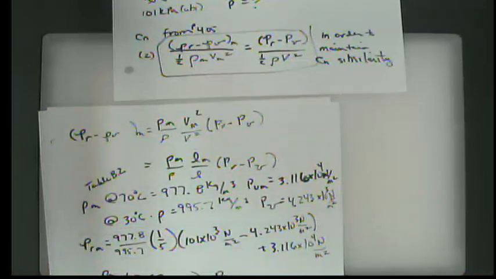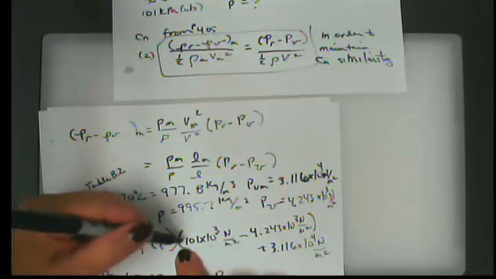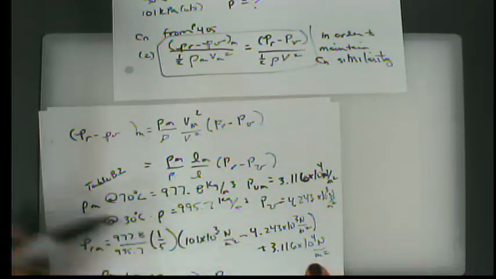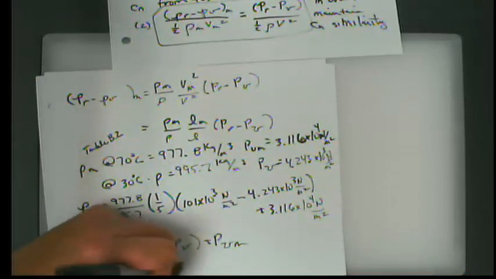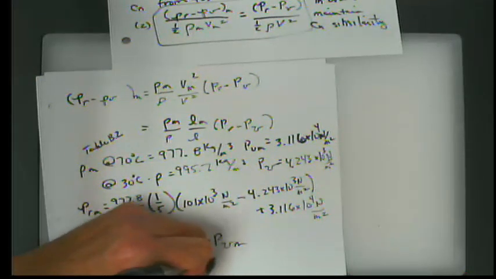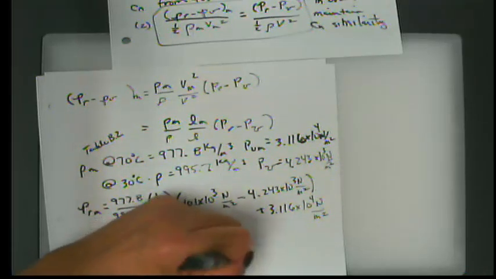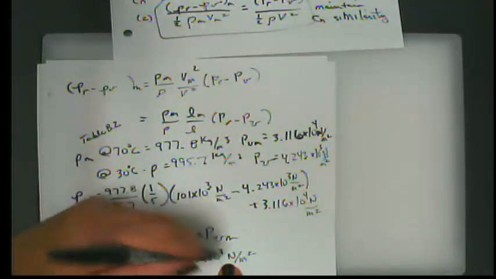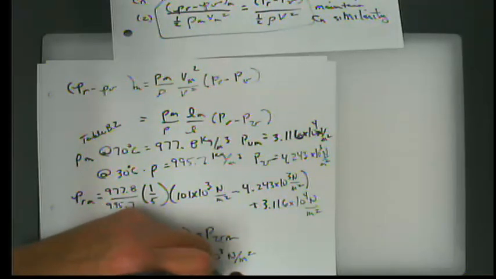If I run through these numbers, dimensionless, divide by 5, a difference in Newtons per meter squared, add to that Newtons per meter squared, that value turns out to be 50.2 times 10 to the 3rd Newton per meter squared, which is kPa.